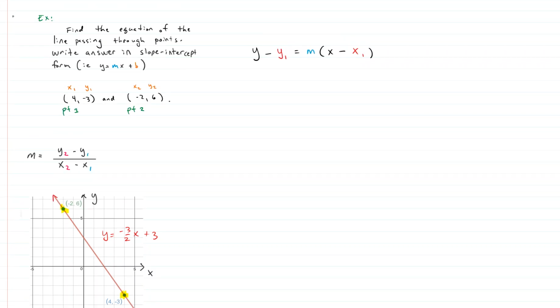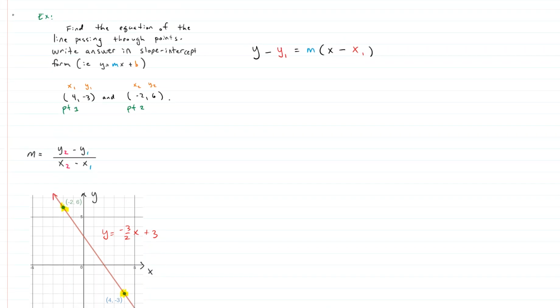So we're going to start then with finding our slope, because we need a slope and a point to find the equation of a line. So we have our slope formula, y2 minus y1 over x2 minus x1. I've identified the 2 points. Point 1 is (4, -3), and point 2 is (-2, 6).